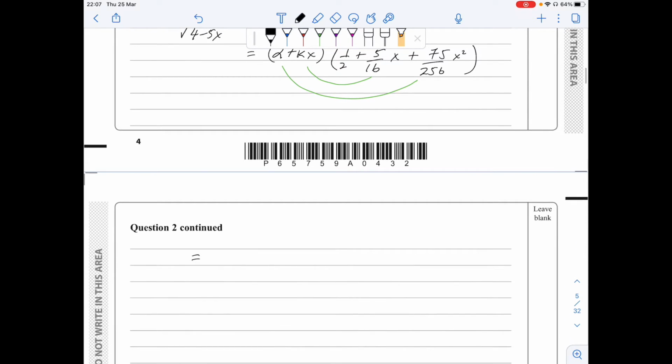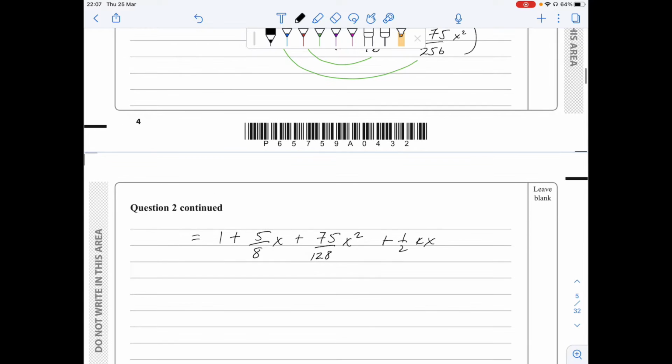In this case, I will have 1 plus 5 over 8x plus 75 over 128x squared plus 1 over 2 kx plus 5k over 16x squared plus other terms with higher powers.